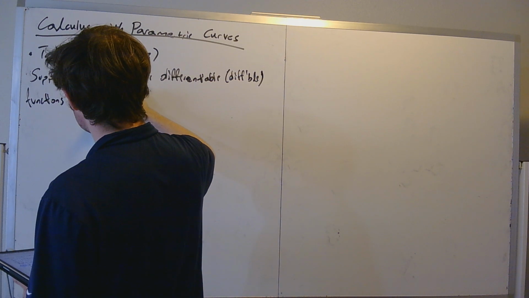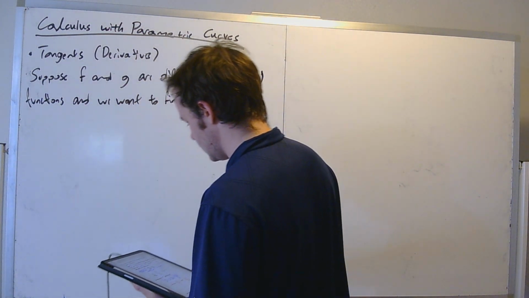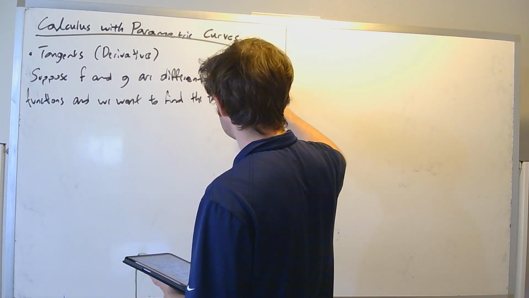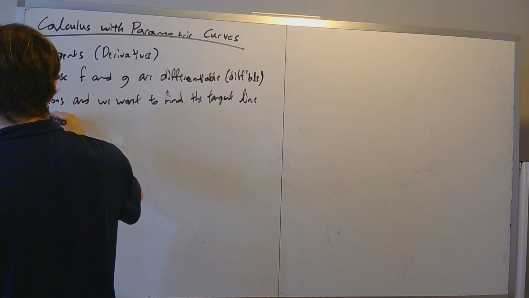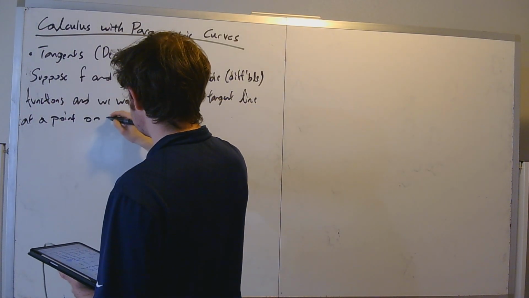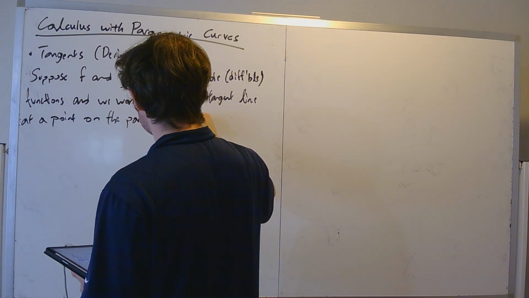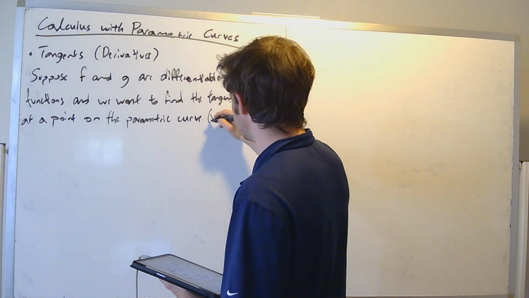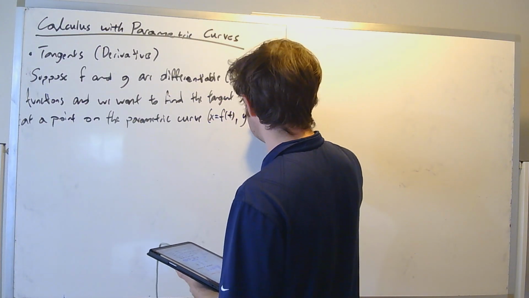And we want to find the tangent line at a point on the parametric curve, and it's going to go from x equals f of t to y equals g of t.